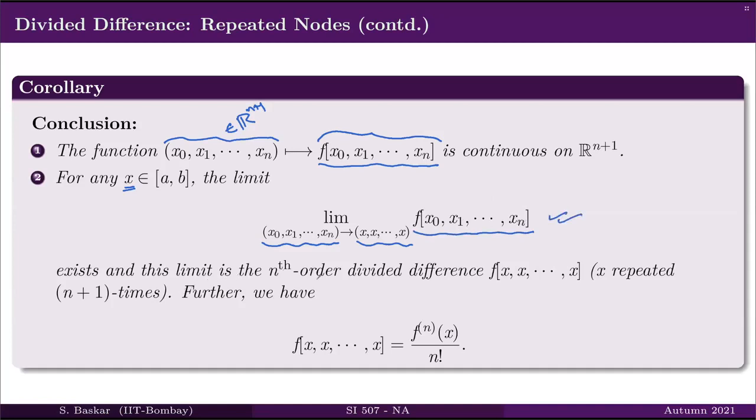And this limit is the nth order divided difference given like this, where x is repeated n plus 1 times. And most importantly, that is given now by this formula. That is f of x, x up to x, n plus 1 times repeated, is nothing but the nth derivative of f at x divided by n factorial.